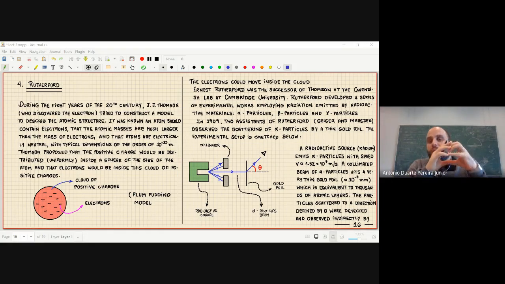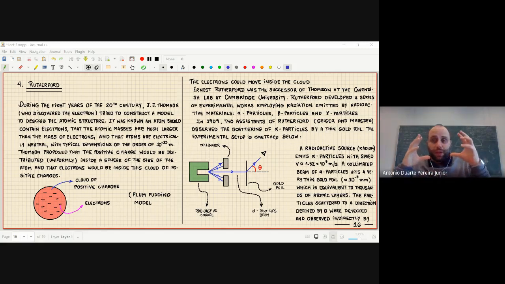And this is very important because we are going to discuss the first, let's say, realistic model. I don't want to use this word because it seems that the others were not realistic. Well, they were made with the knowledge that people had at that time.